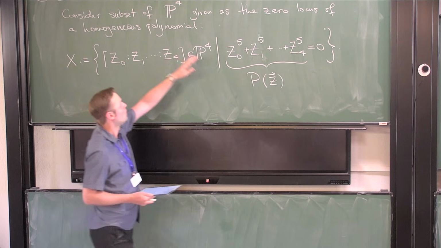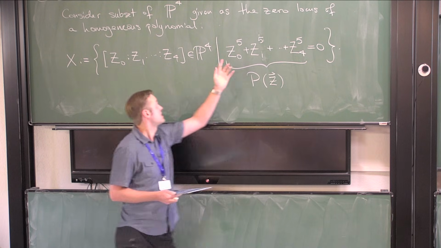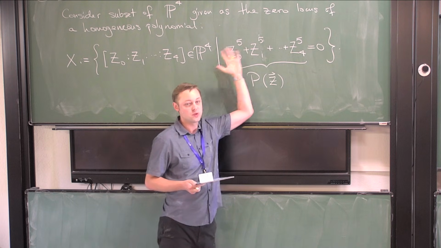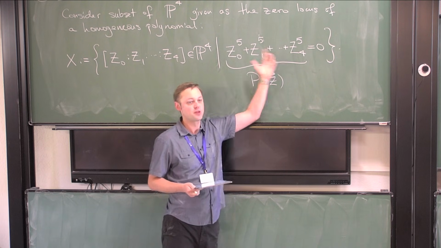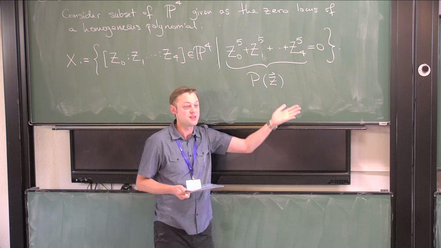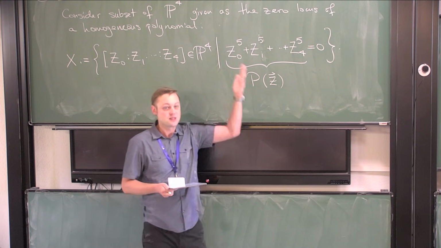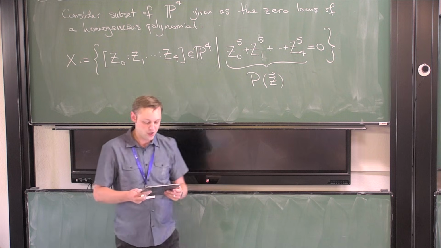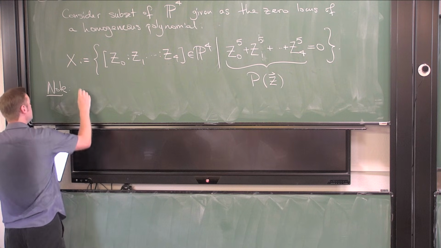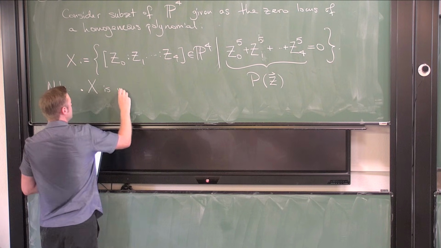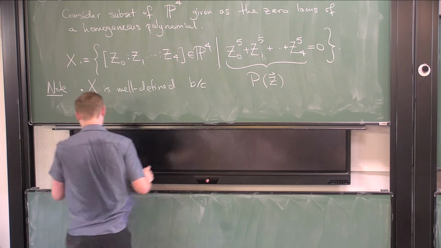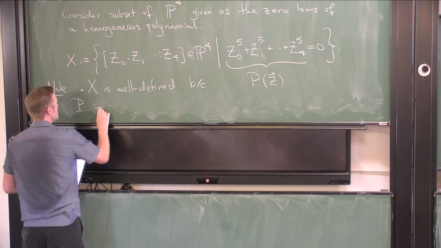So this is why, when you're defining complex manifolds as subsets of some complex projective space, it is important that the function that you use, in this case a polynomial, is a homogeneous polynomial. The property that I just described, the fact that I can rescale all the z's by some lambda and this lambda just pops out, is the defining property of what a homogeneous function is. So note, this X is well defined because P is homogeneous.